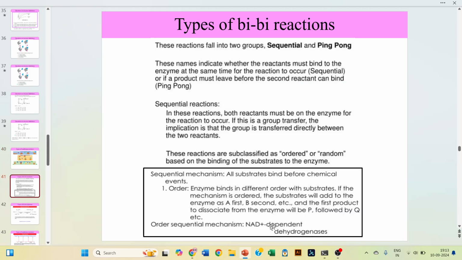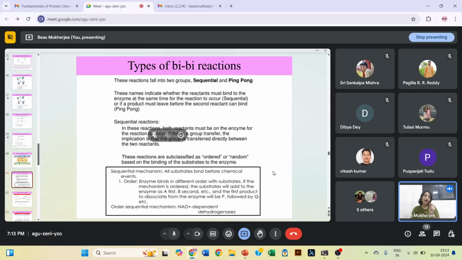Now see the reactions. These are actually bi-substrate reactions. These reactions fall into 2 groups: sequential and ping pong double displacement. These names indicate whether the reactants must bind to the enzyme at the same time for the reaction to occur, that is sequential, or whether a product must leave before the second reactant can bind, which is ping pong.